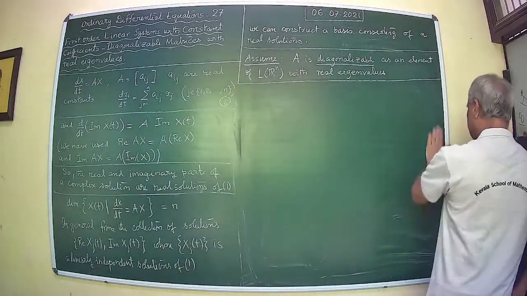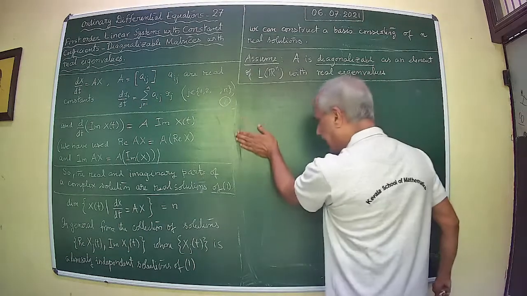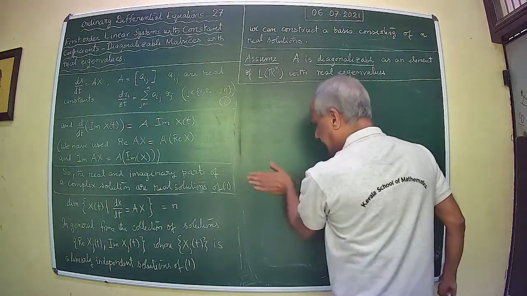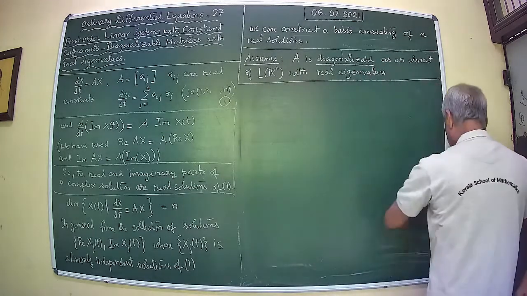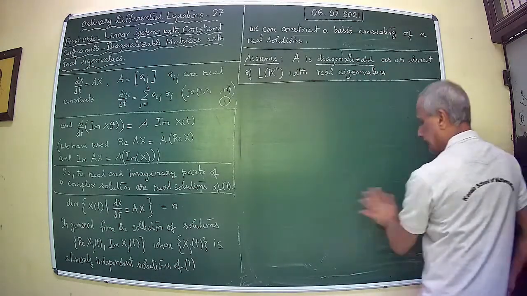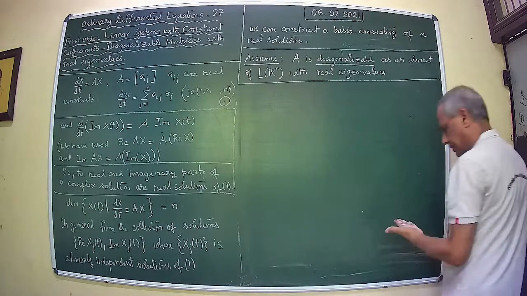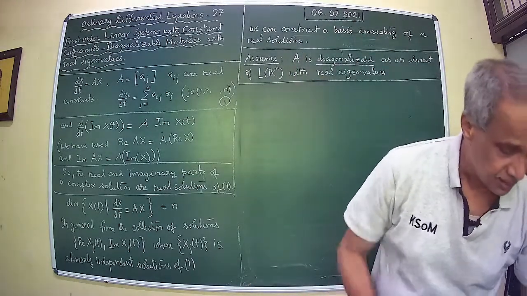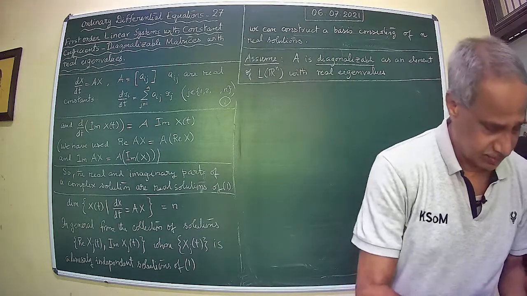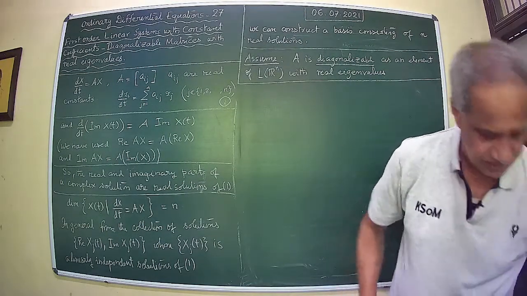Let us not even assume that all eigenvalues are distinct. That is not really needed. But it is diagonalizable. If it is not diagonalizable, then it's more complicated, and we will investigate later how it can be explored. But for the time being, we will work with this.